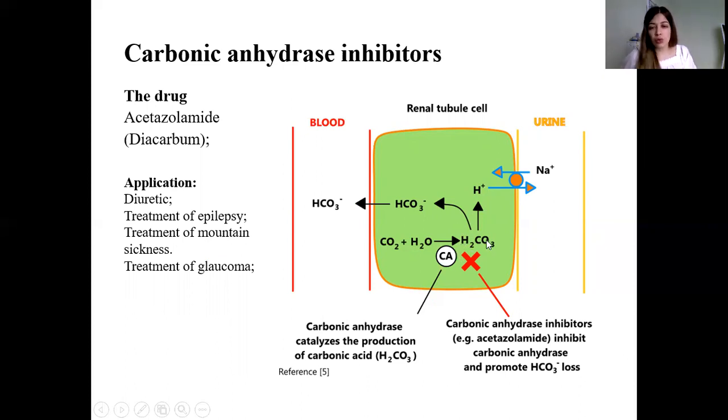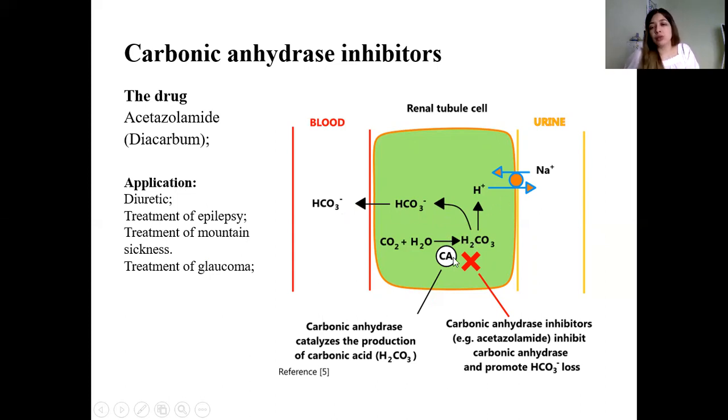The molecule of carbonic acid is formed in the cell from the CO2 and H2O with the help of carbonic anhydrase. You see, it catalyzes the production of carbonic acid. Carbonic acid automatically dissociates into H plus and HCO3 minus, which will then be delivered to the blood, HCO3.